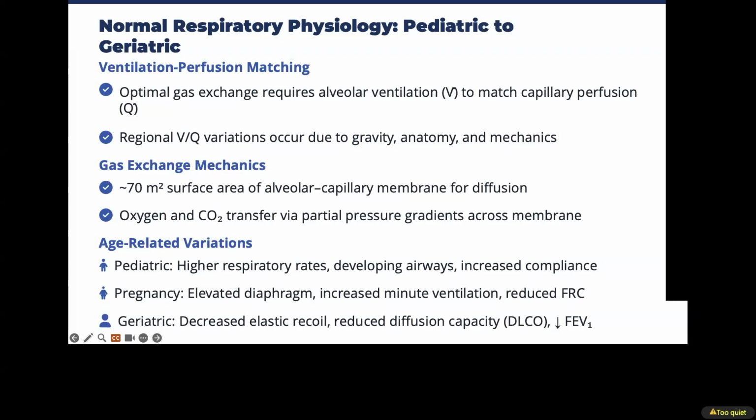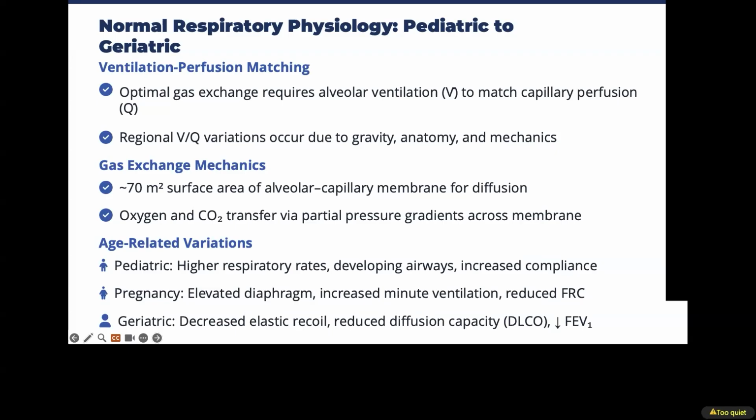The lung apex gets more air than blood, while the base gets more blood than air. And gravity is this underlying force, but in the end, it comes out to a near perfect match. So the top may get less blood, the bottom may get less air, but overall, the body is matching ventilation to perfusion.